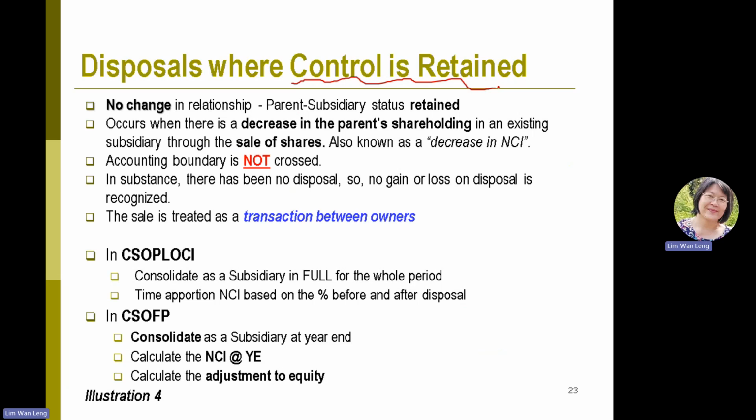So this occurs when there is a decrease in shareholding of the parent, also known as... that is wrong already, it should be increase in NCI. Right? You sell to the NCI because the shareholding decreases, that means NCI increases. Can you just update? Increase.